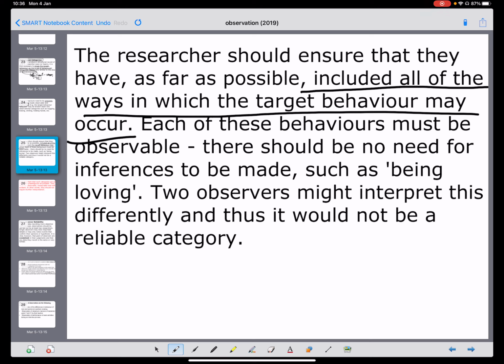Okay. So, for example, if I just had a loose category of being loving, then we could have two observers who observe something and decide that one behavior is loving and another behavior isn't loving. But if we haven't got behavioral categories, they may not agree.